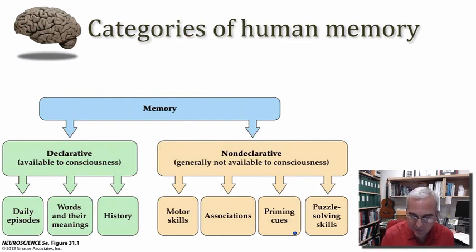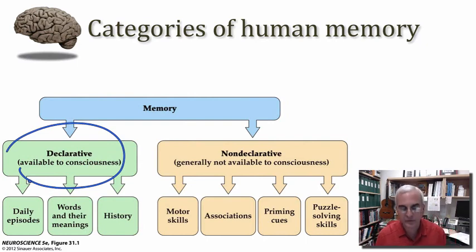And so this kind of memory we call declarative memory. It's available to conscious processing. It reflects the daily episodes of our lives, the semantic symbols that give meaning to our thoughts, and we can access those symbols and apply them in the form of language.